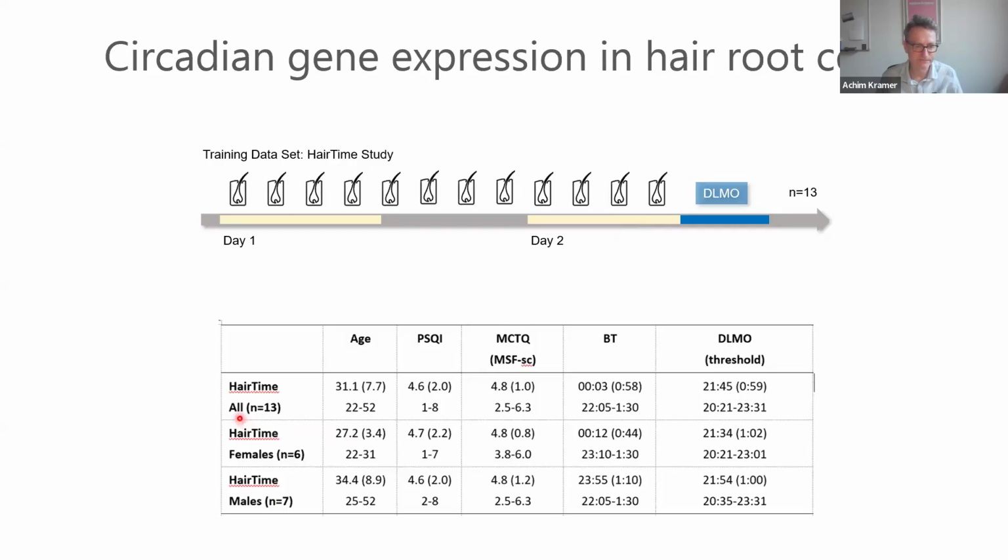Here you see we had 13 individuals with a median age of 31, and here are the questionnaires and so on. And here is the DLMO time, and we had 6 females, 7 males, and so on. So this is for the people who are interested in that.